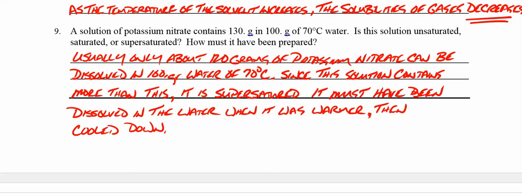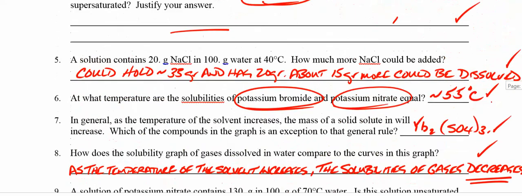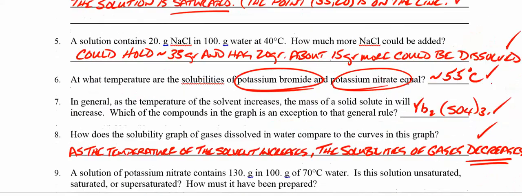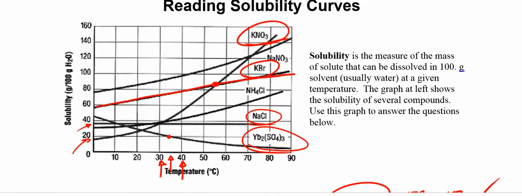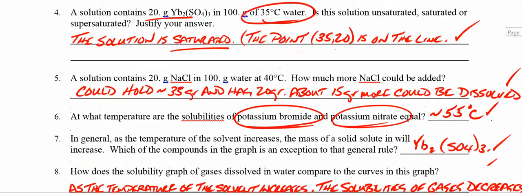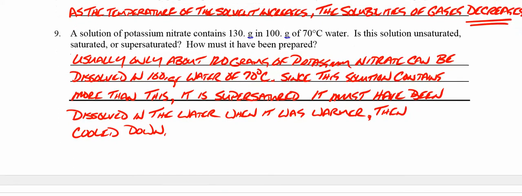At 70 degrees, what we can see is that potassium nitrate can hold a maximum of, if I look across, 120 grams per 100 grams of water, right? Maximally. That's at least theoretically how much it should hold.